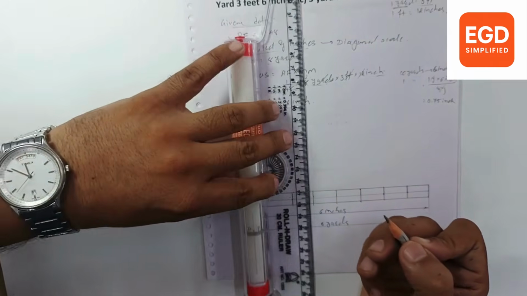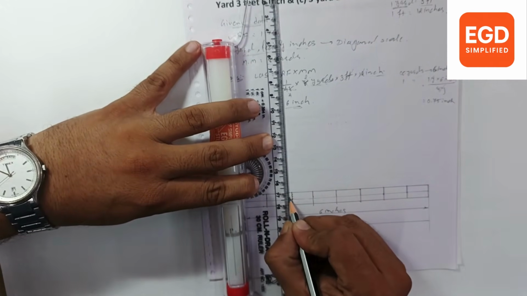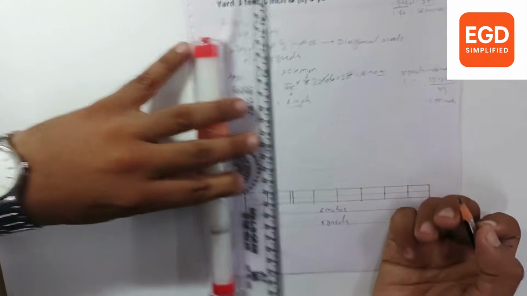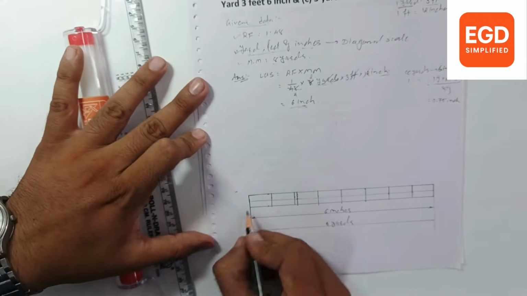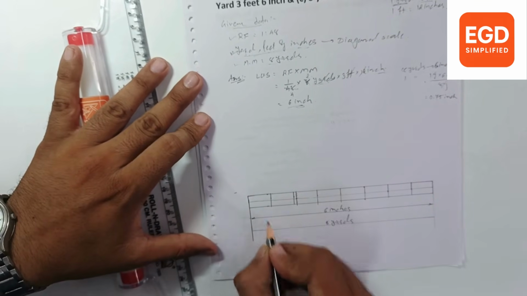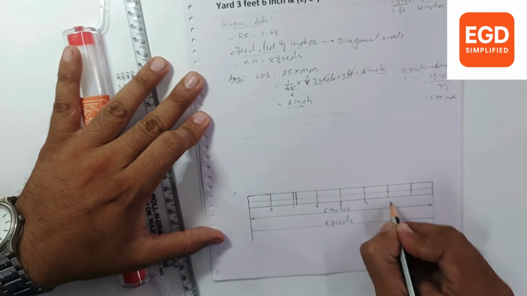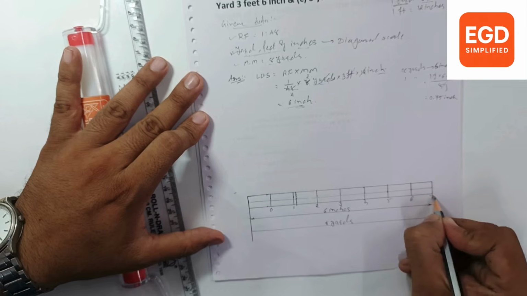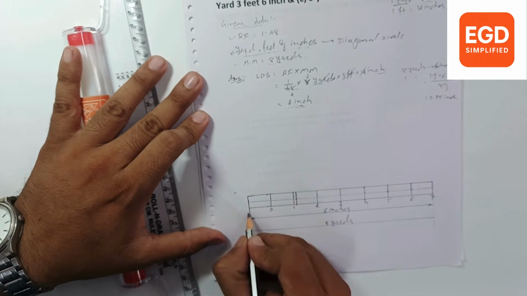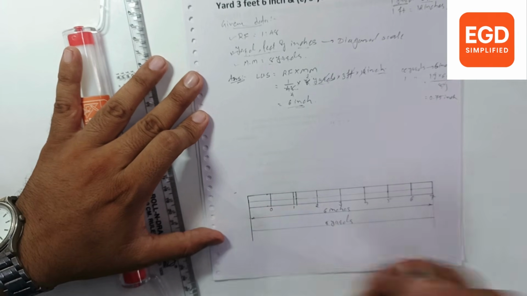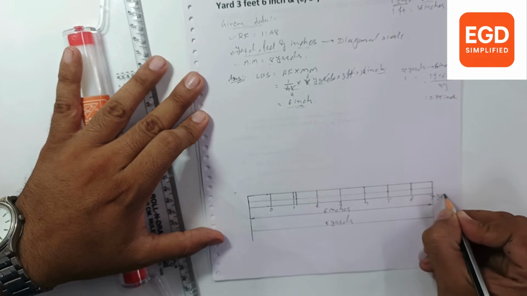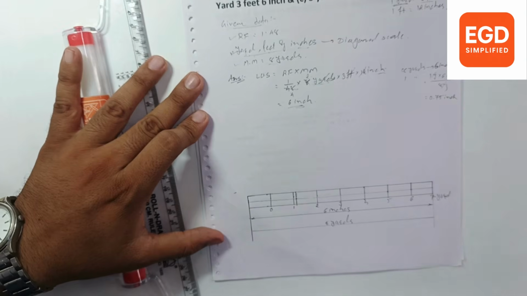The point is this, so I am correcting. Okay, leave one block, give measurement 0, 1, 2, 3, 4, 5, 6, 7. This is 8 yards. We have left one block and 7 yards will be indicated here.